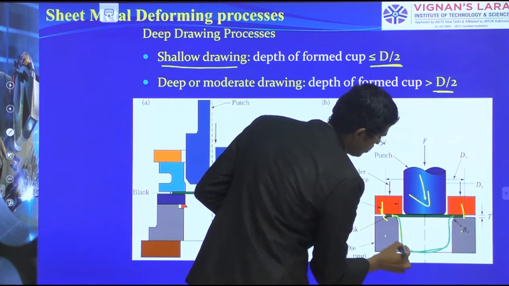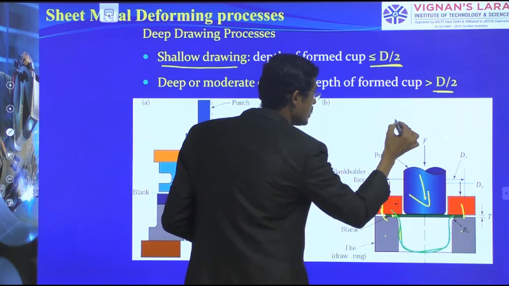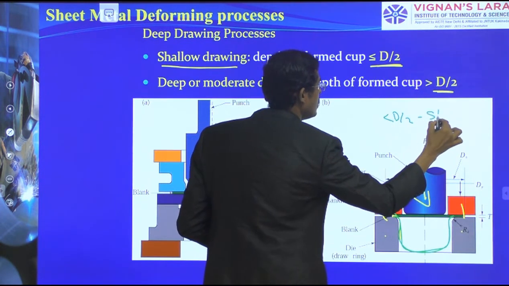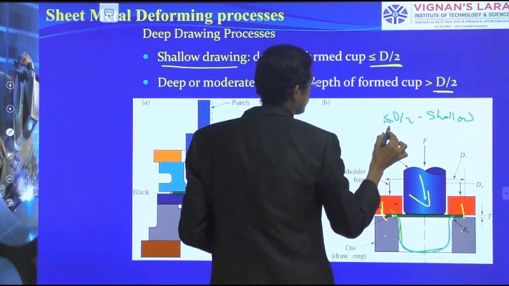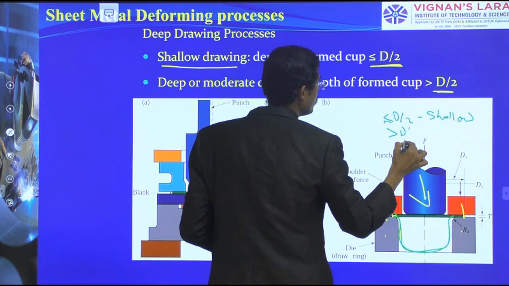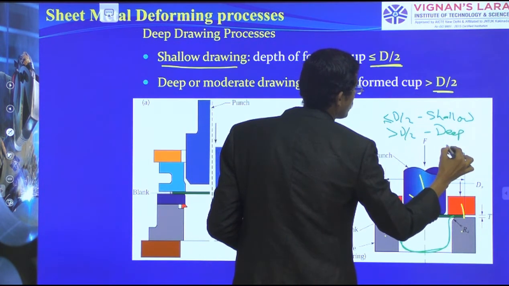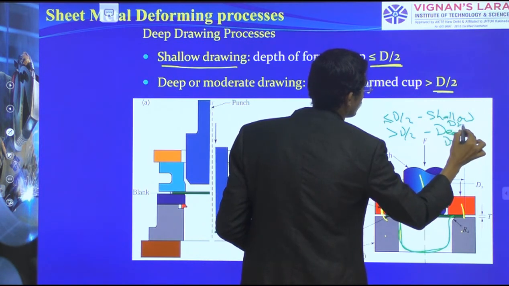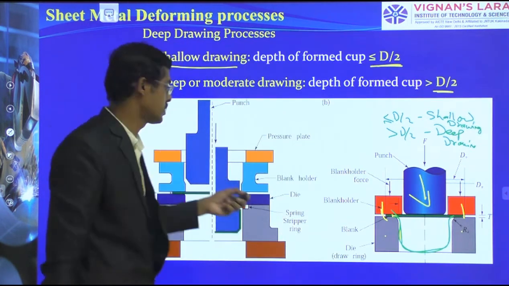Whether the depth is less than D by 2, then it is called shallow drawing. If it is greater than D by 2, then it is called deep drawing. Likewise we can classify these drawing operations.